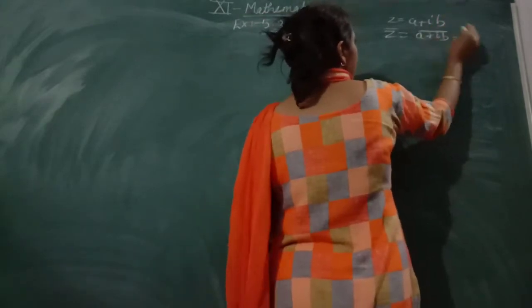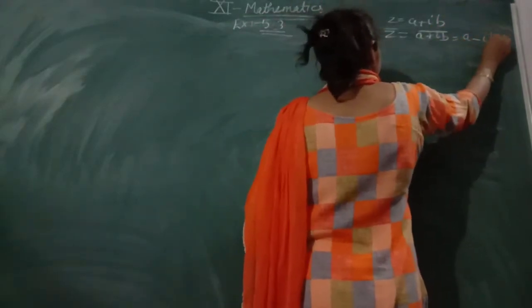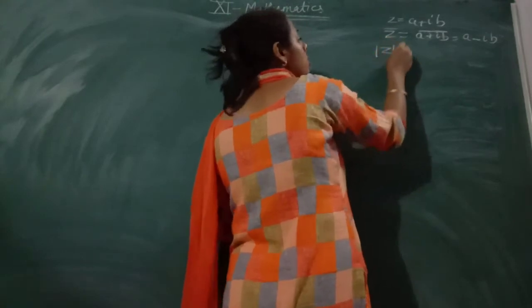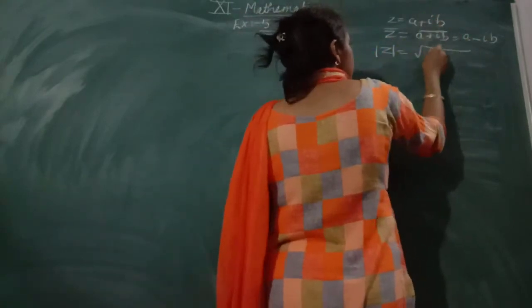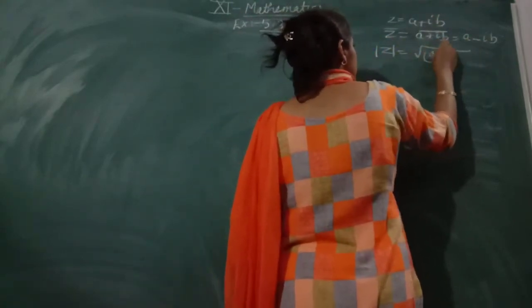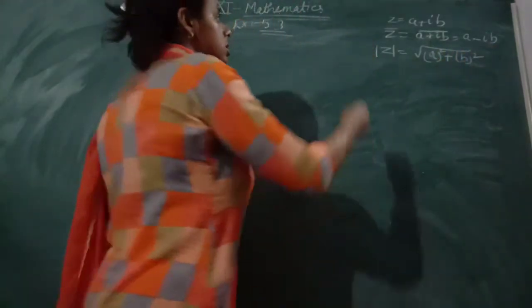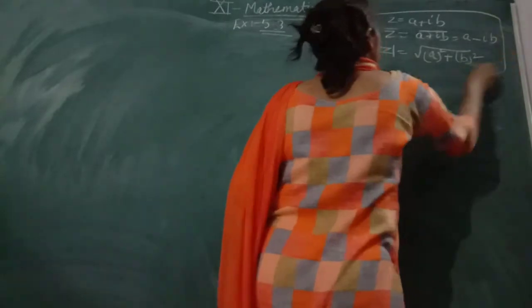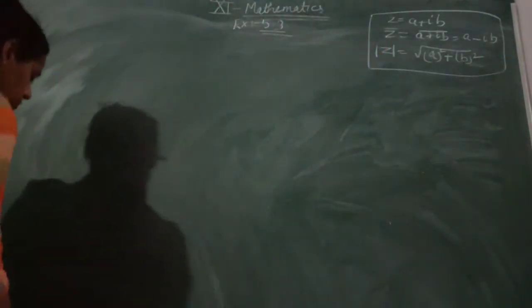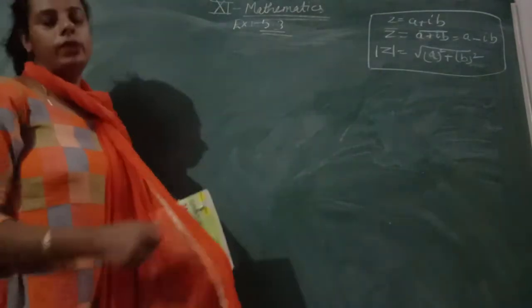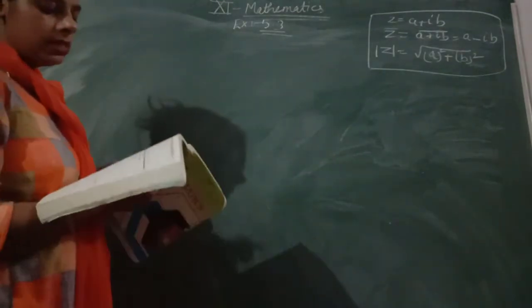So you will write a minus iota b. And how will you get the modulus? The square root of the square of the real part plus the square of the imaginary part. This is the basic we did in the previous class, along with most of the properties. Now come to the first example.